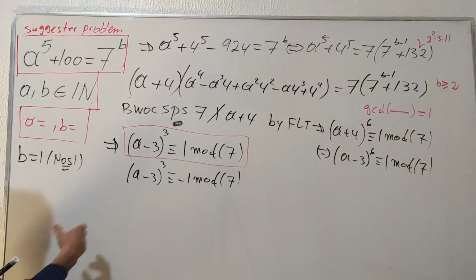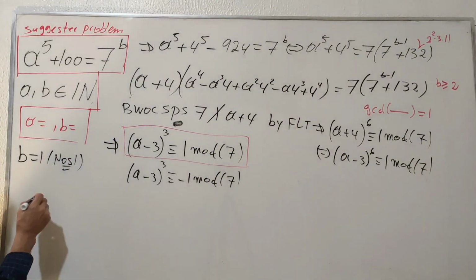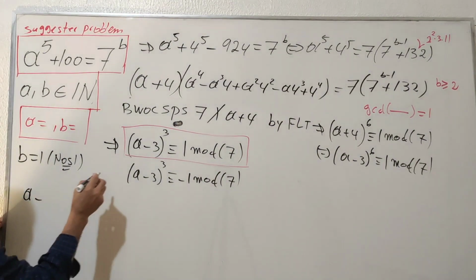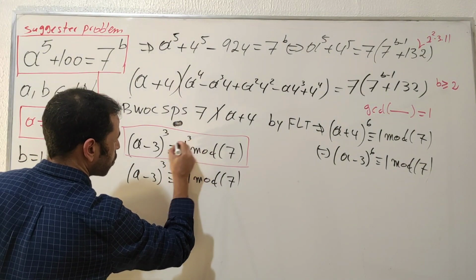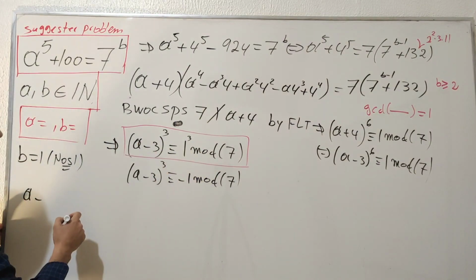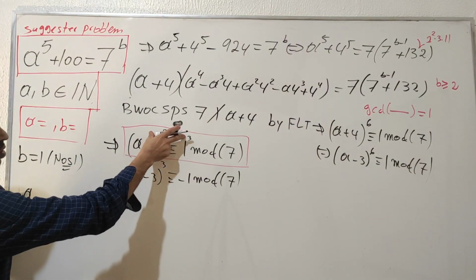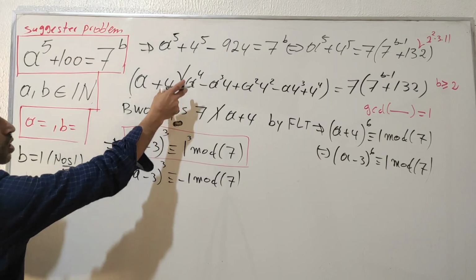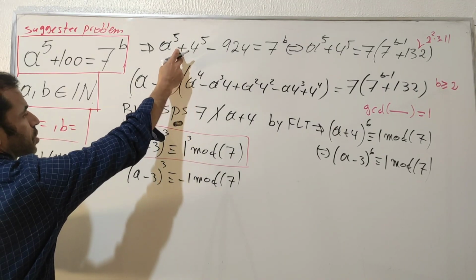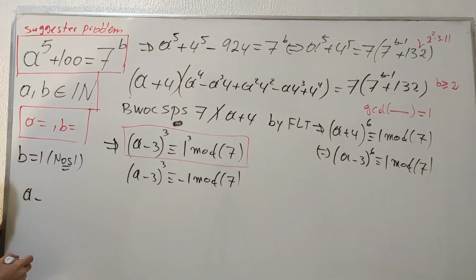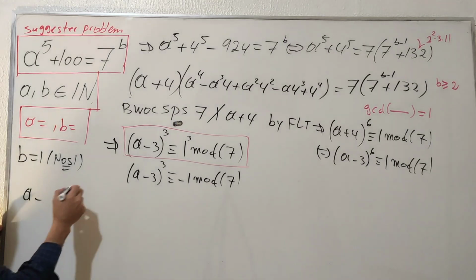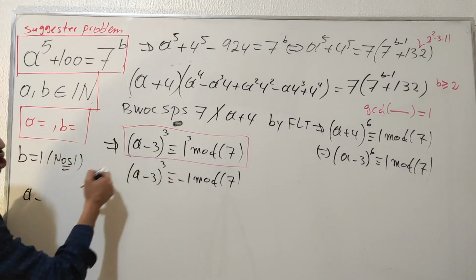So now working on this one, I get a minus 3. Let's replace this one as 1 cubed, to make the difference of two cubes as I have here. Previously I had a sum, now I will make it a minus sign between. So I get a minus 3 minus 1, which is a minus 4.